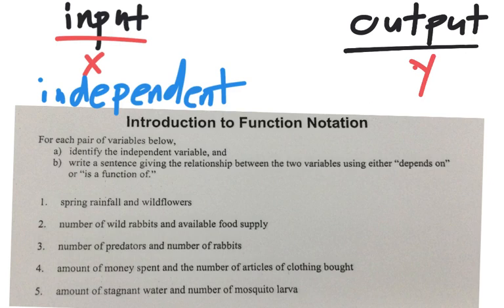While the Y is our dependent variable. Because what we get out of the vending machine depends on what we pressed. The Y, the output, depends on what decision we made for the X, or the independent variable.